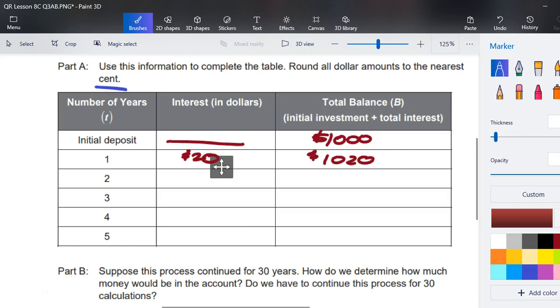But the difference happens right here. We are no longer going to be looking at this number, and we're no longer going to be looking at this number. But yeah, after year 1, we have a balance of $1,020. But to calculate interest that goes here, we're going to need to multiply this new amount times the 2%.